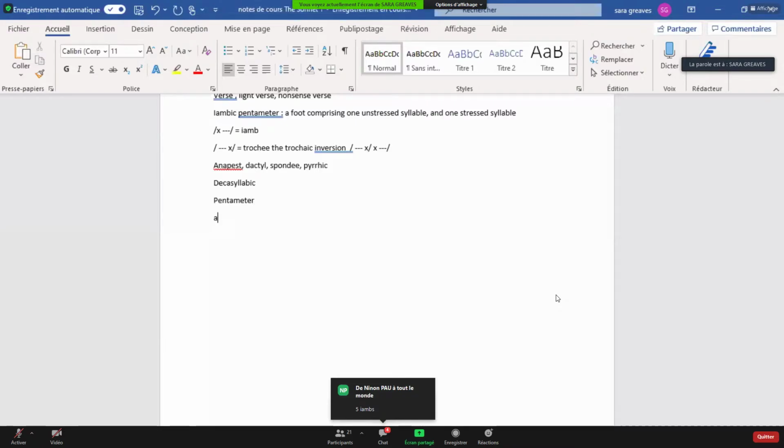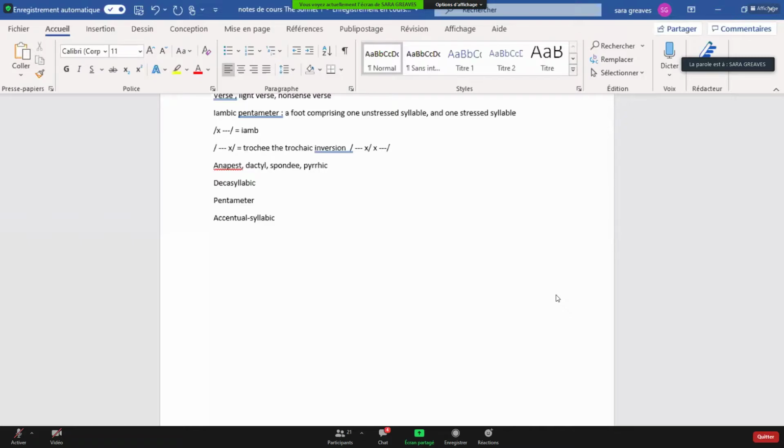It's what we call accentual syllabic. Okay, the basic line of English poetry is accentual syllabic, and that means it's a kind of compromise of two traditions. And yes, you're right, 5 feet, 5 iambs.